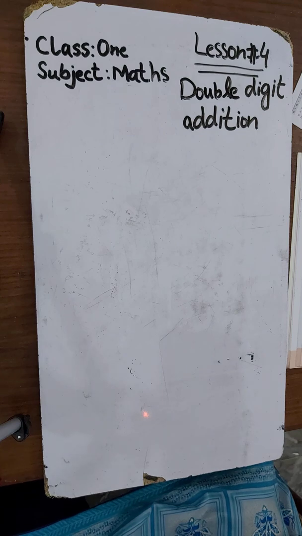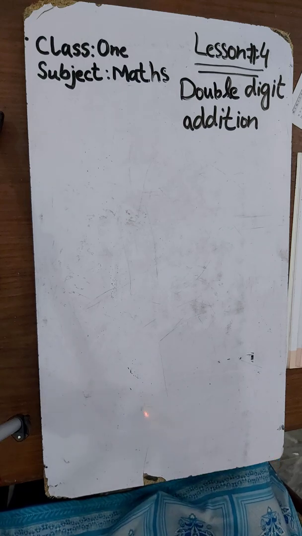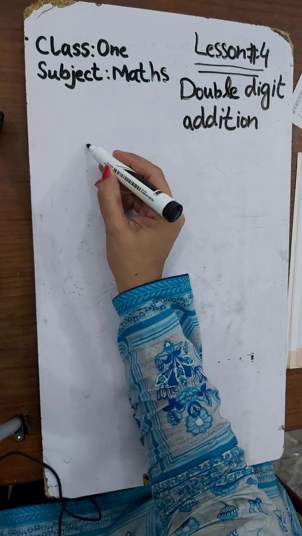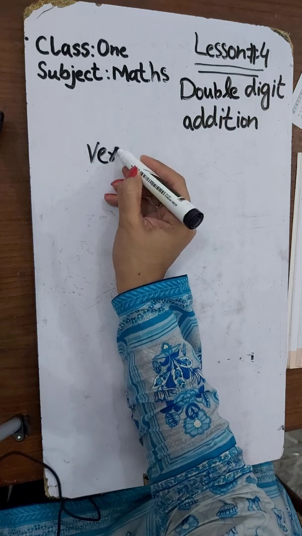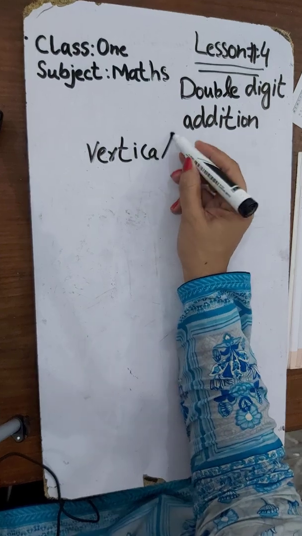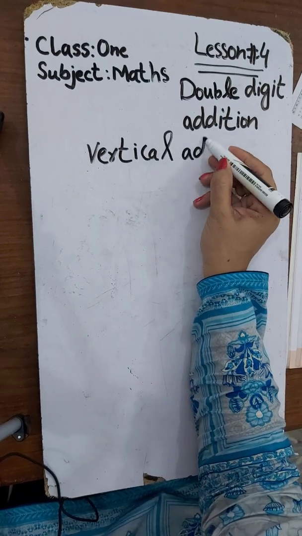Now we will start our next lesson, which is about double digit addition, and here we will learn about vertical addition. We already did horizontal addition, now we will do vertical addition.